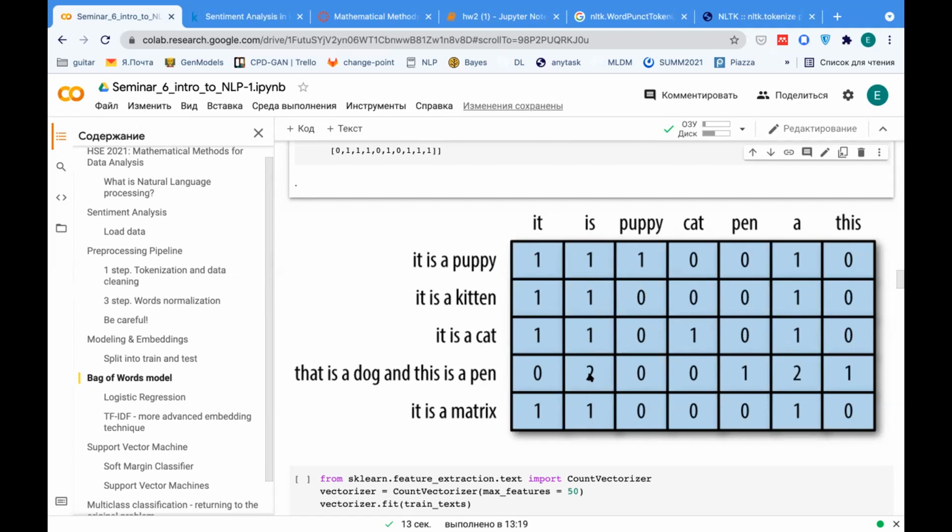But actually, words like is or a that are too common for all texts are stop words, and in our text we will remove them, so it won't be a problem. So we'll have values like this, where in some places we have ones, but mostly we'll have zeros.